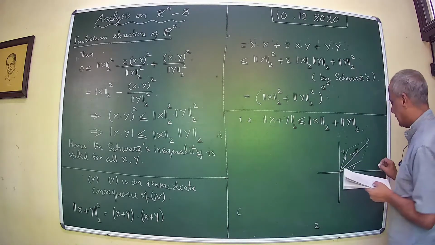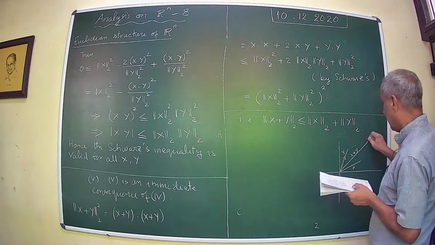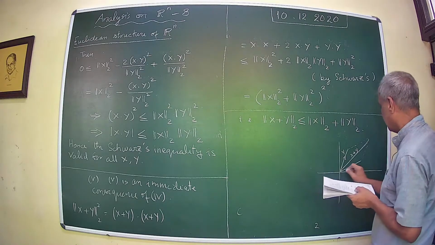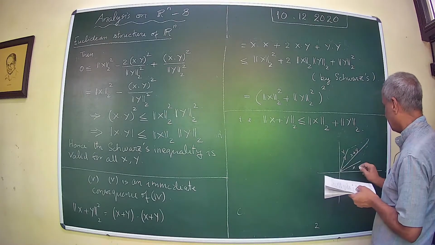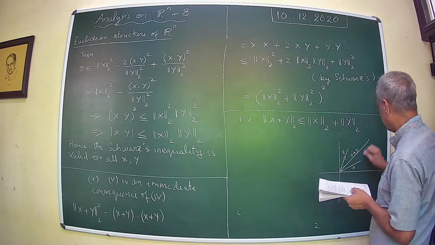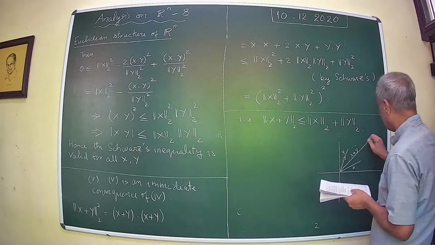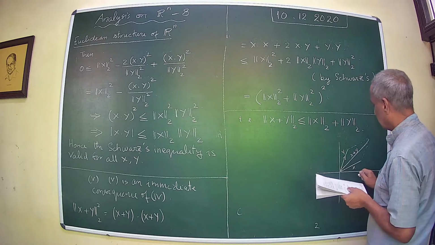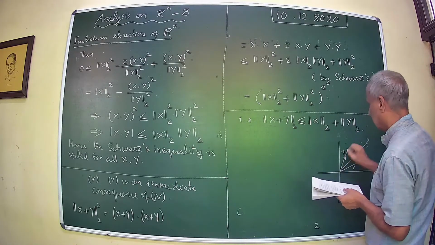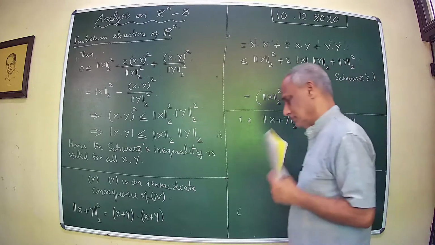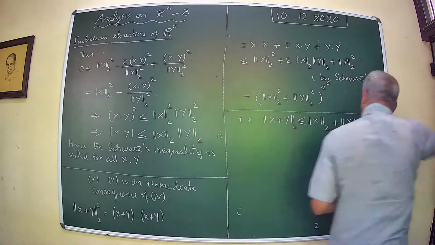Because it's the parallelogram law, these two sides are added and then resolved. So the length of this side is equal to the length of this side. So the norm of x plus y is less than or equal to the length of x plus the length of this triangular vector. Okay, so this is the meaning of it.